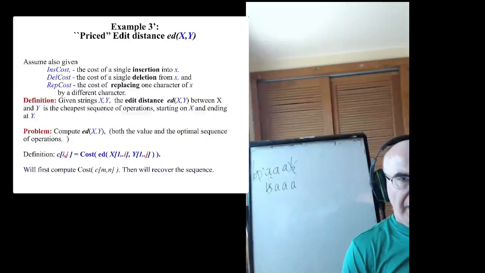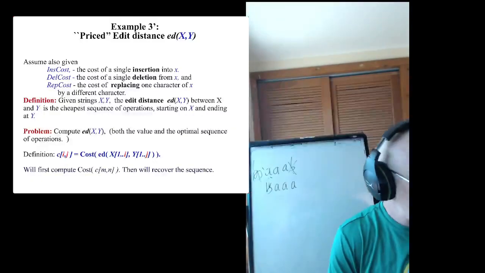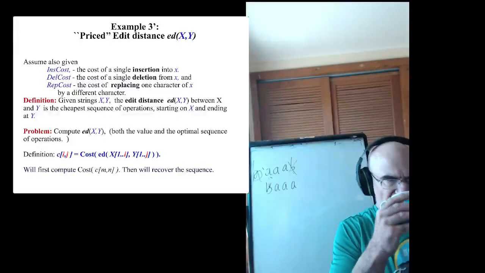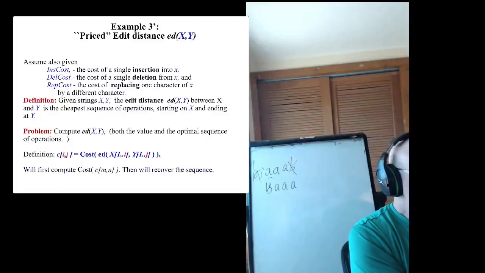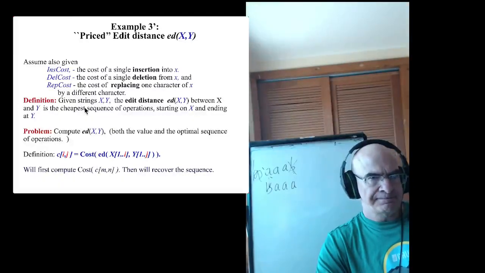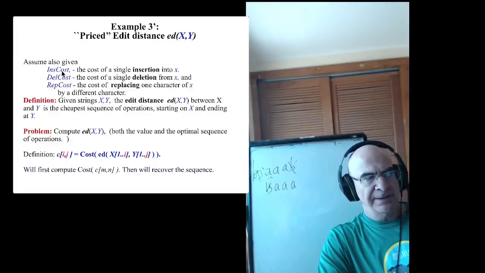Okay. And actually, edit distance is one of the cases where I think the explanation becomes much simpler if I give different weights to each operation. So assume that I tell you about three constants at the moment.